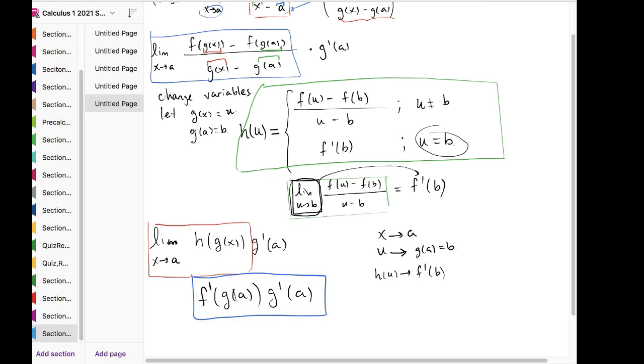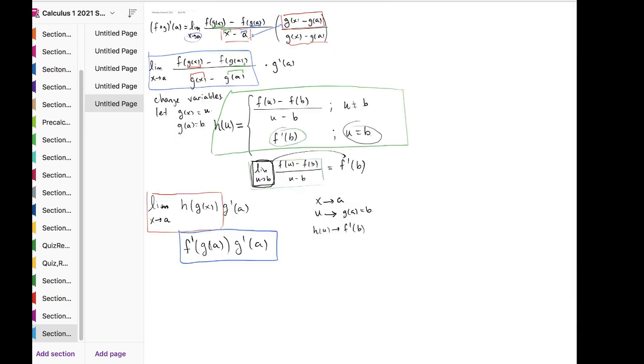So we construct this continuous function h of u, where if I take a limit, it just equals the value at that point. So precisely h of b is equal to f prime of b. So why is that nice? When I bring back my variables, h of g of x, I'm plugging in u equals g of x. As I approach x equals a, u is approaching g of a, or b, which gives you f prime of b, which is g of a. It's a bit of a mouthful, but it's the rough idea.